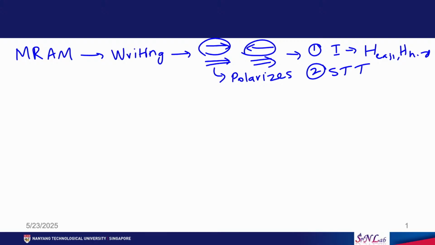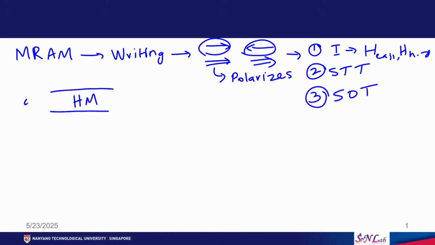Then the third concept I introduced is spin orbit torque. In the case of spin orbit torque, we have a heavy metal layer. The spin orbit coupling in heavy metal layers is larger.